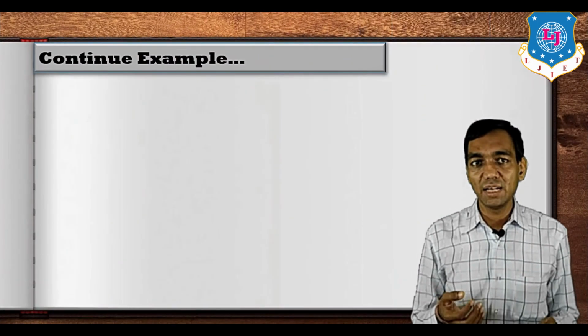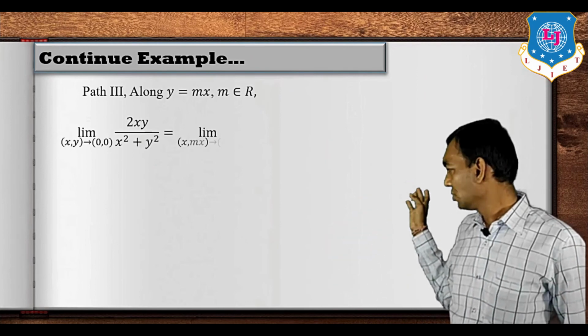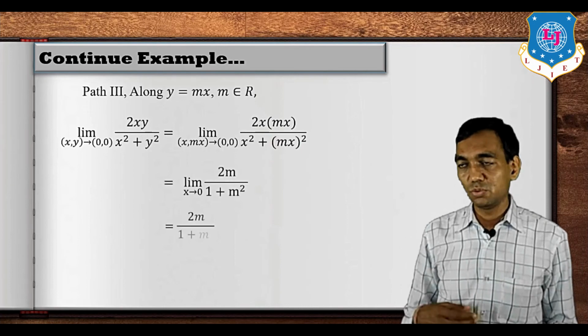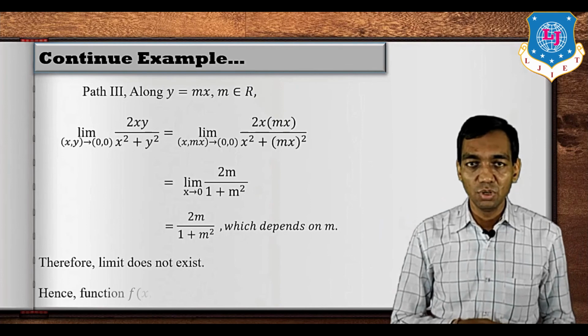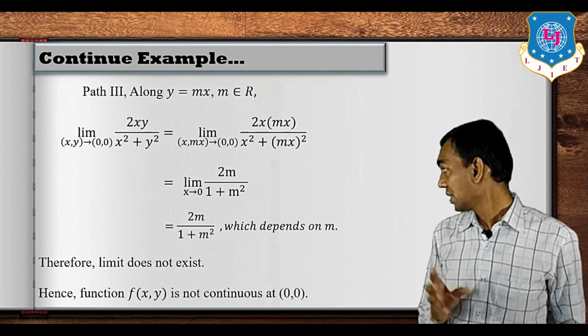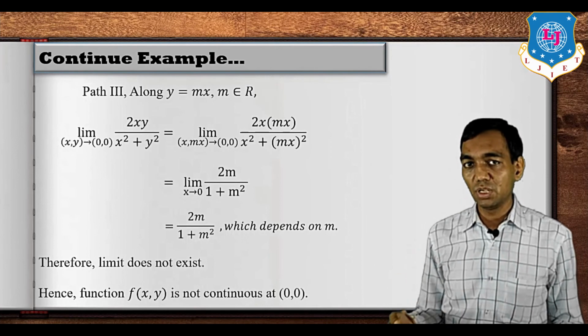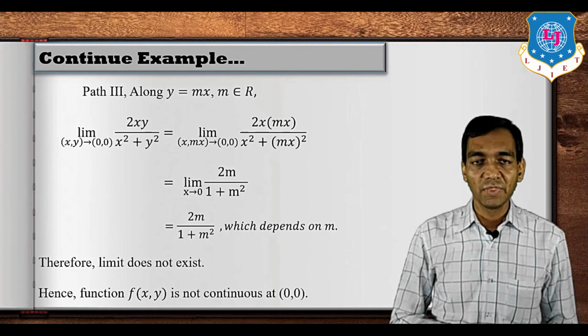Now we are going to put y is equal to mx. That will give limit x, y tends to 0, 0, of 2xy upon x square plus y square. That means limit of 2x into mx divided by x square plus mx the whole square, as x comma mx tends to 0, comma 0. That will give you the limit 2m upon 1 plus m square, because x square cancels out.